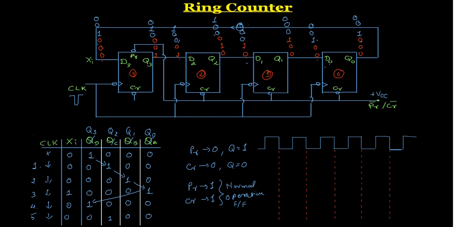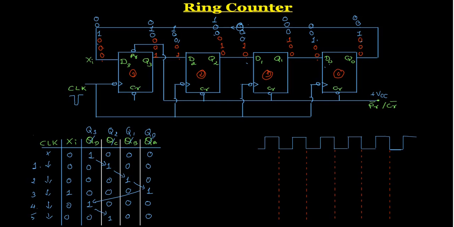You can see this one is again transferred to flip-flop number 2. In this way, the high 1 is going to be rotated in an anti-clockwise direction, and that's why it is known as a ring counter. Now let us see the waveform.